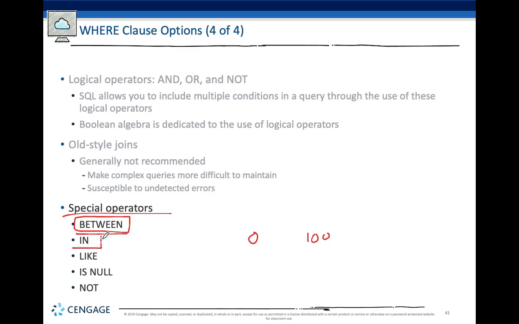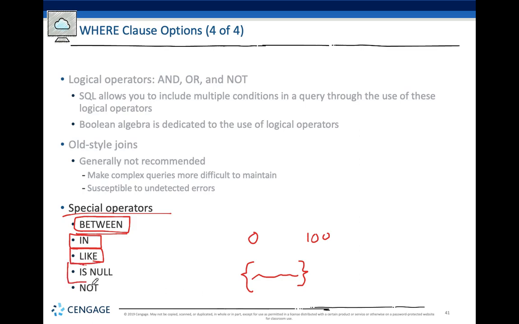The in operator is used to specify a set, like a list, right? Where you want to find out all those rows that have certain things in a set of values. And we'll look at an example to make it more clear. The like operator is used to match text or characters.